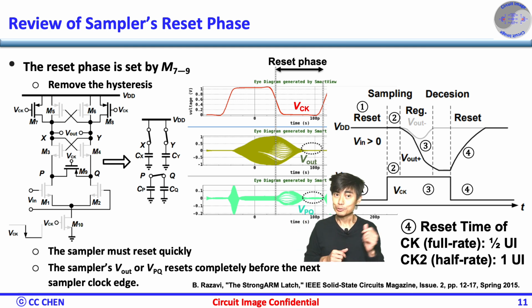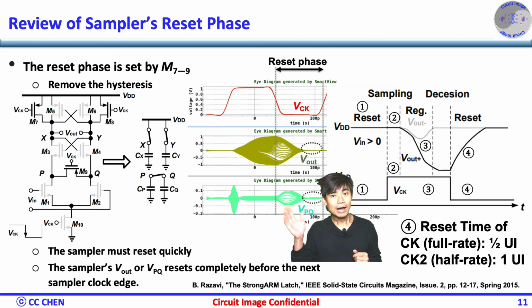Let's review the reset phase and sample one more time. The differential signals at X, Y, and P minus Q are near zero during the reset phase because both M5 and M6 switches pull to VDD and the M9 switch shorts nodes P and Q. The more time we spend in the reset phase, the less residual hysteresis we would have.